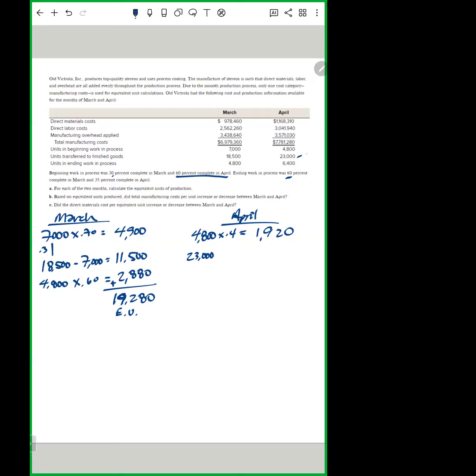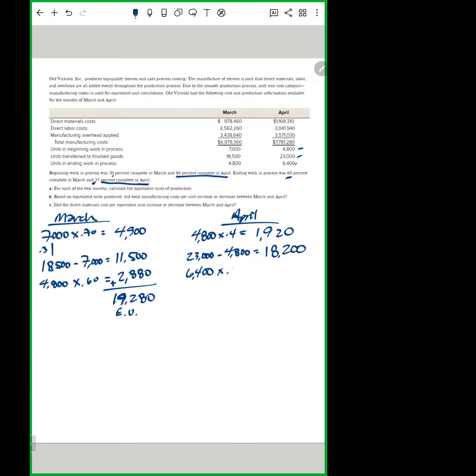And then my units transferred to finished goods is the 23,000 here, right? And we want to subtract out these 4,800 units because they weren't started this month, and I want this to be just started and completed. So 23,000 minus 4,800 gives me 18,200. All right. And then for ending inventory, I'm at 6,400. And it says that 35% completed in April.